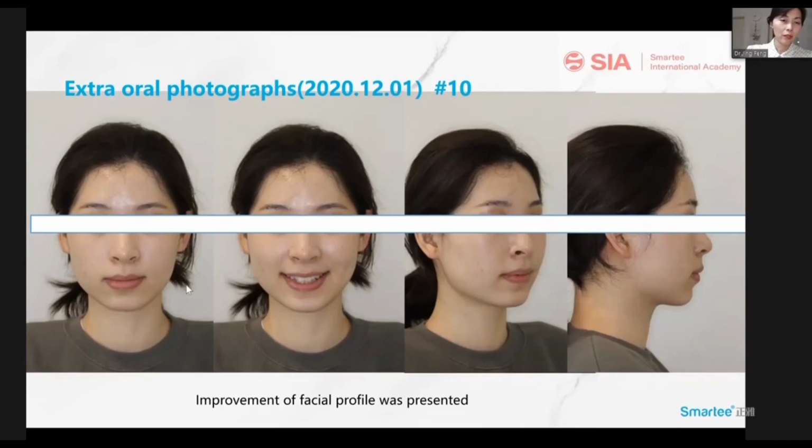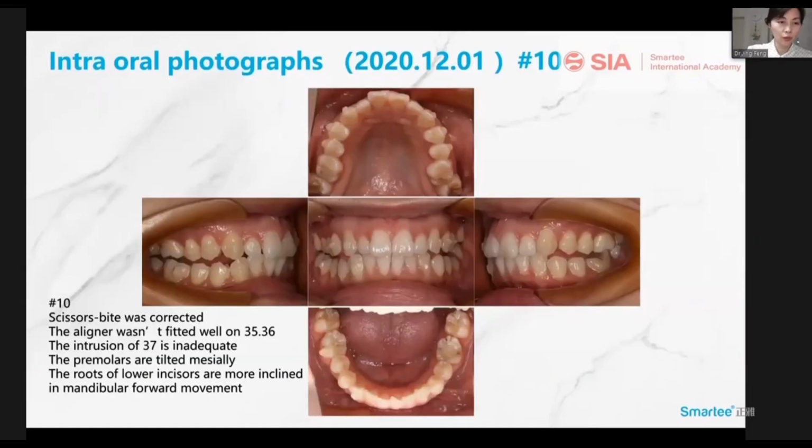You can see the expression and the muscle lines are getting natural. And the intraoral photos show the scissors bite was corrected. So it's very, very quick, because when you open the bite, the scissors bite can be corrected much easier.